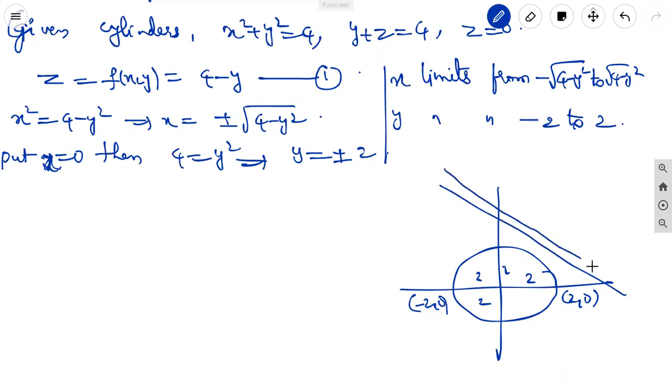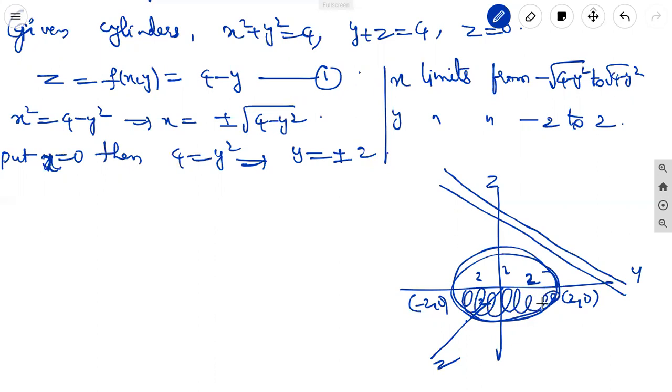This is the y axis, this is the z axis, and this is the x axis. The circle looks a little bit oval in shape, because x squared plus y squared equals r squared, where the radius equals 2.